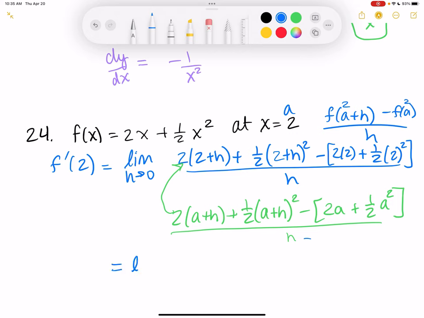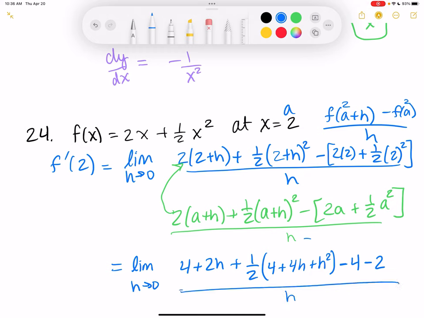So I have the limit as h approaches 0 of 4 plus 2h, that's the first piece, plus 1/2 times, and we're going to rewrite that as a perfect square trinomial, 4 plus 4h plus h squared, minus, and notice this minus goes to both things, so I'll multiply it through: minus 4 minus 1/2 times 4, which would be 2. All over h still.